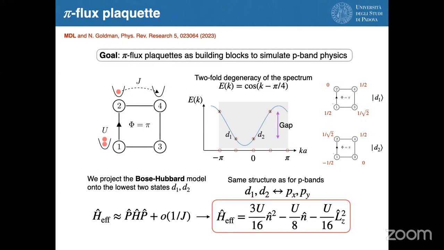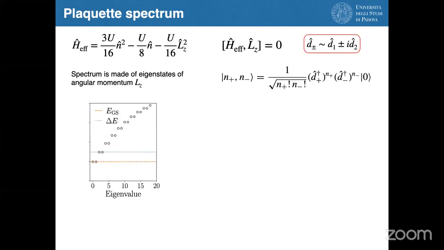So the same mechanism occurring in p-bands could be reproduced or mimicked in the lowest s orbital of a pi flux plaquette, even in a triangular plaquette. But here we focus on the square lattice case.